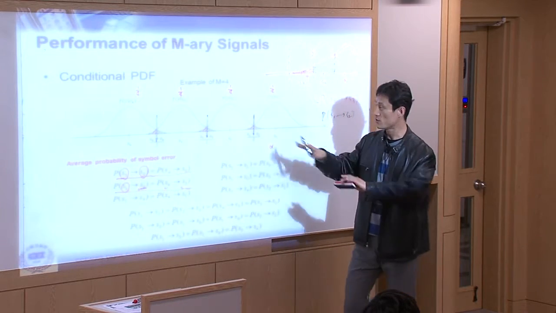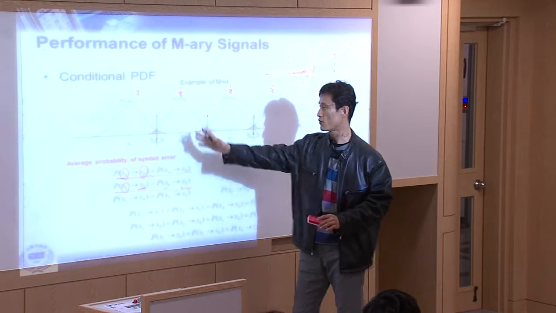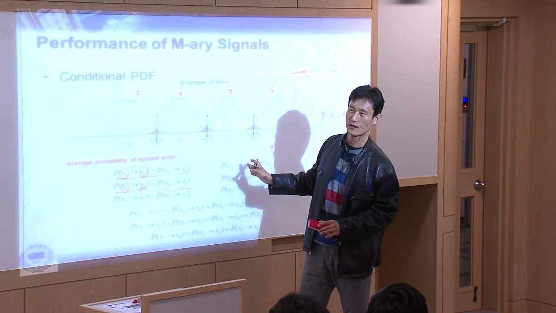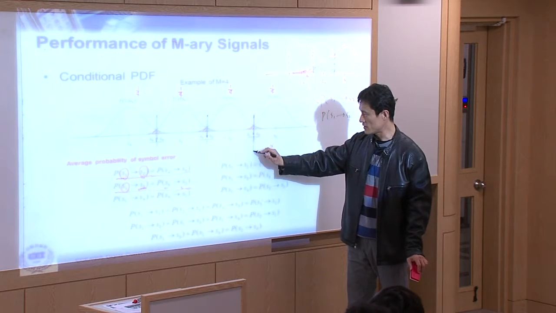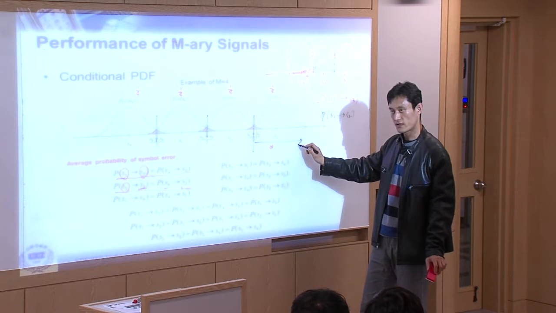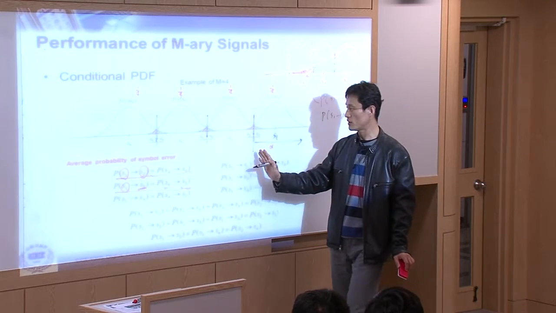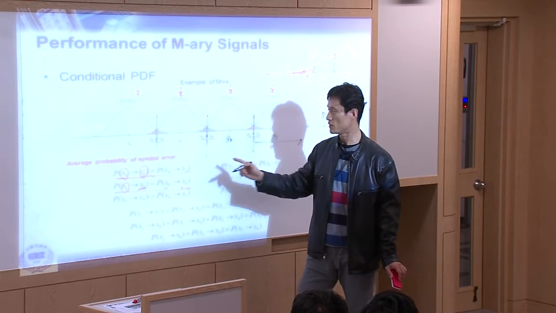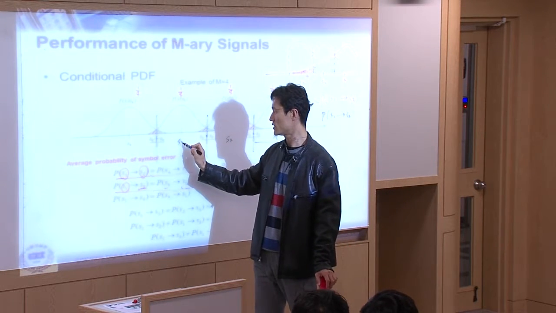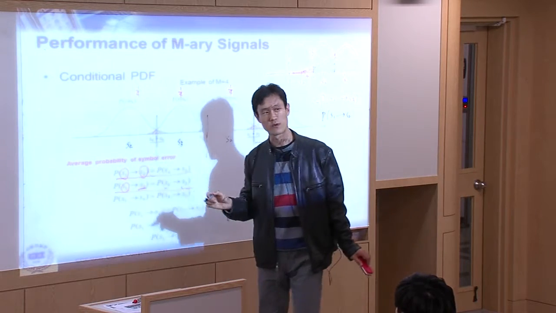In the binary case, we only have one threshold, right? But when you have four symbols, now we have three thresholds. From this threshold all the way to the right, that's going to be the region for S1. Between this and this, that's for S2. Between this and that, that's the region for S3. All of the leftmost area, that's for S4.